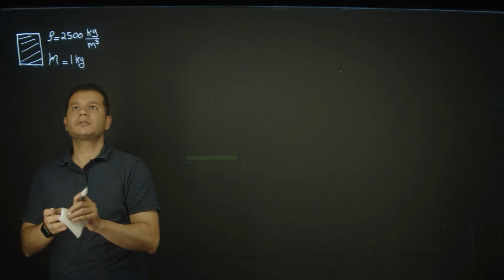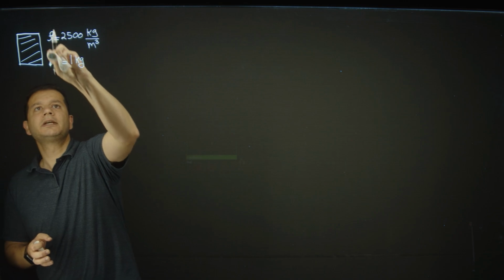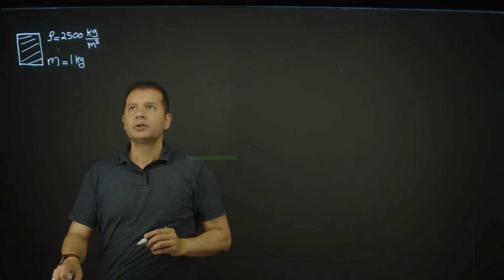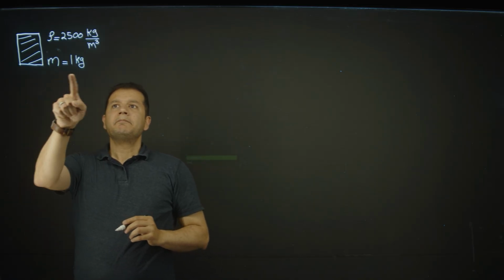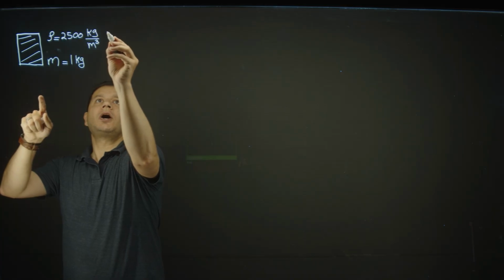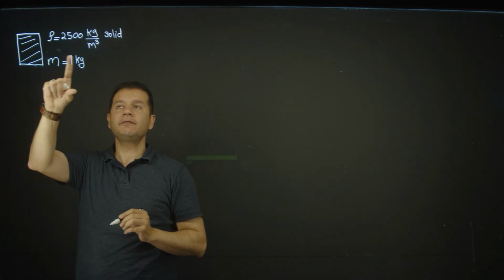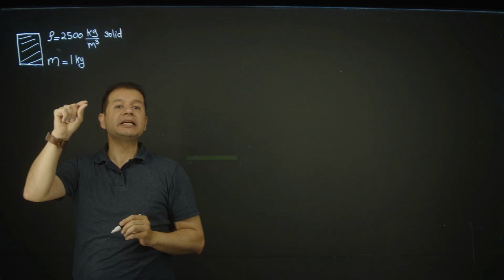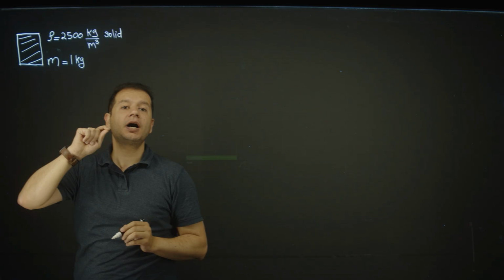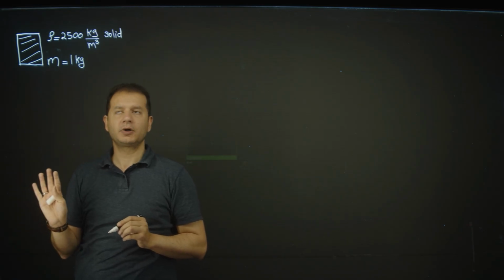So my question is, let me just write the mass a bit more beautifully. Mass is 1 kilogram. Knowing the mass of the rock and the density of the solid grain, I can find what would be the volume of the material if it was 100% solid with no pore space, right?